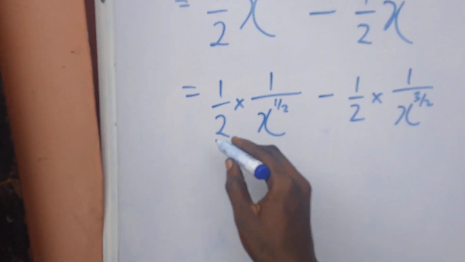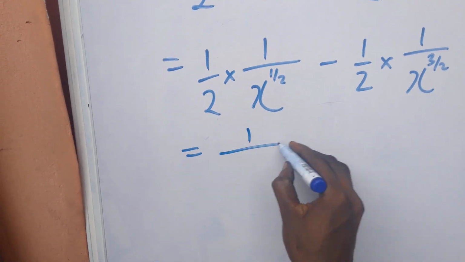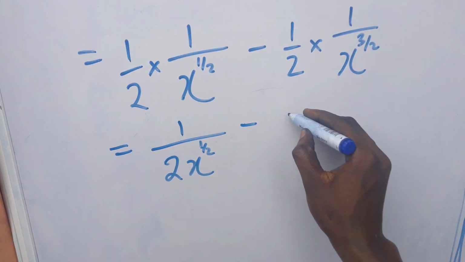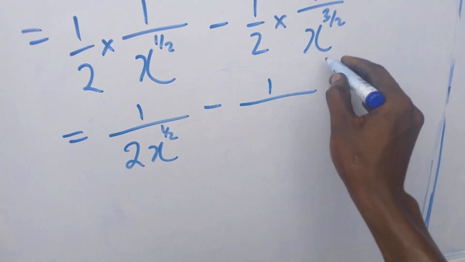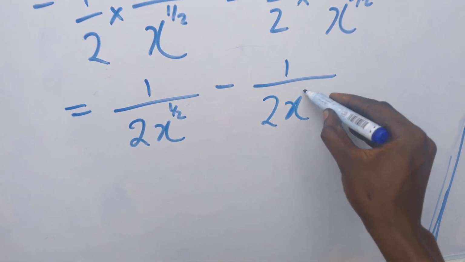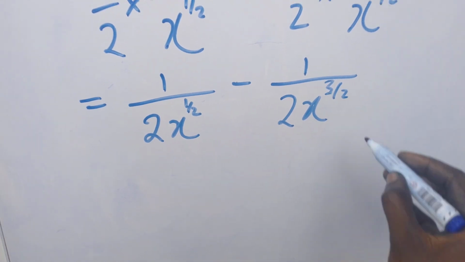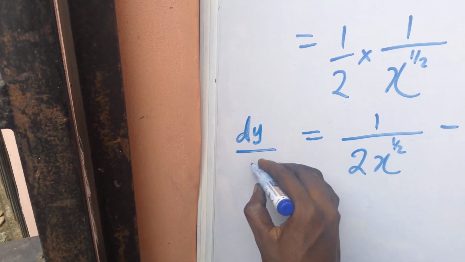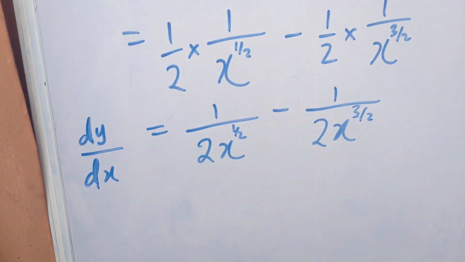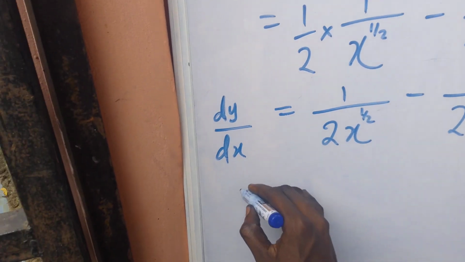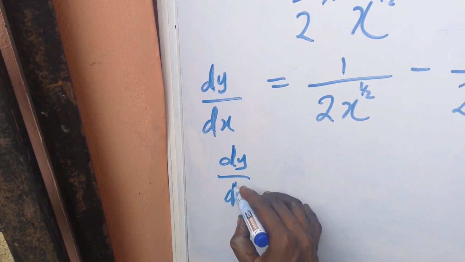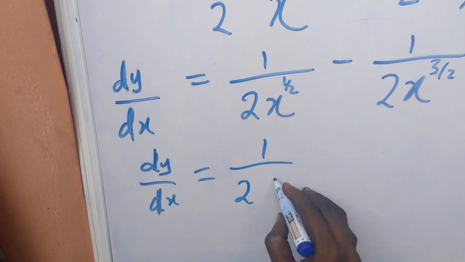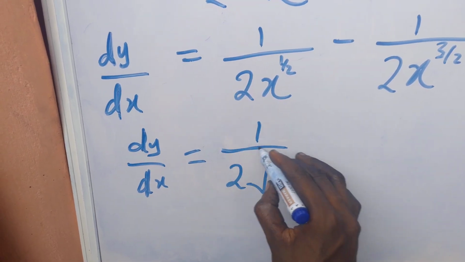Okay, and finally I'll be having 1 times 1 is 1 over 2x raised to power 1 over 2, minus 1 times 1 is 1, 2 times this is 2x raised to power 3 over 2. Okay, so this is dy dx.